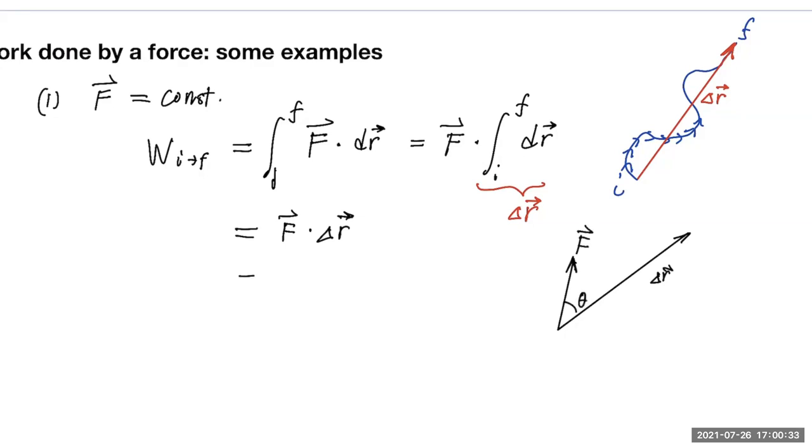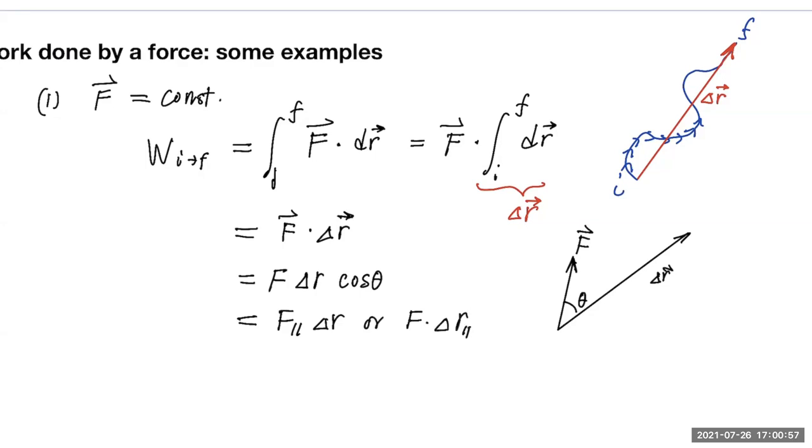Then I can rewrite this as F times delta r times cosine theta. There are a couple of ways we can continue with this if you want to simplify it. I can write this as F parallel times delta r, or F times delta r parallel.